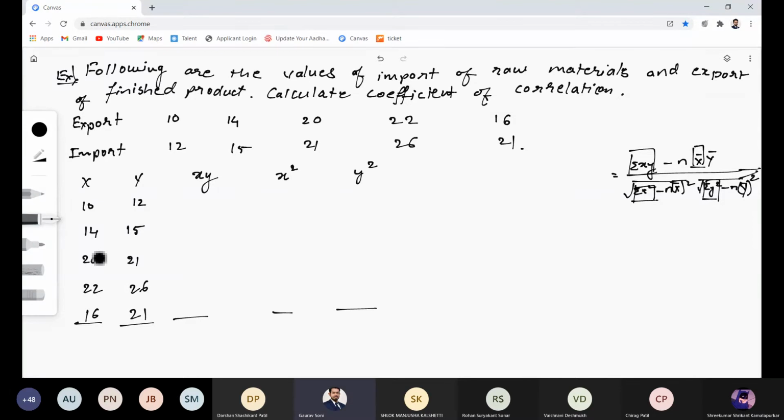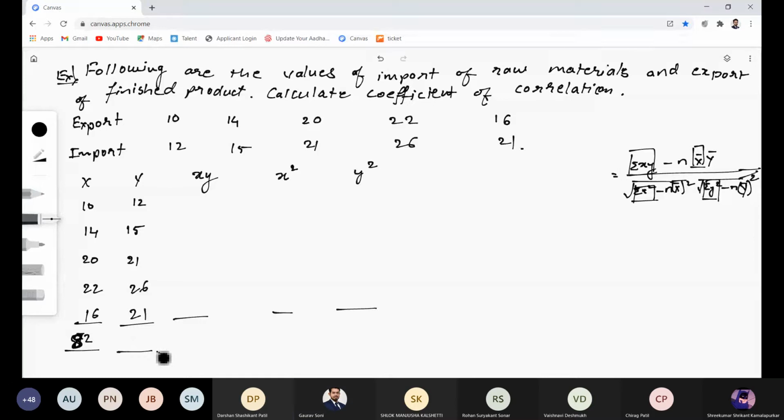30, 40, 56, 72. Please check the calculations. 82.